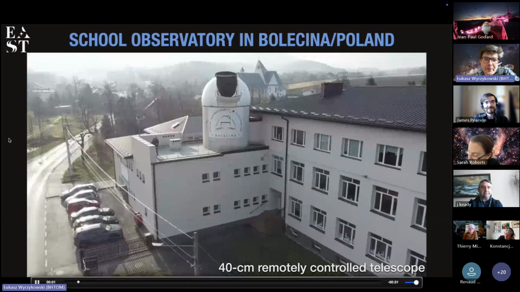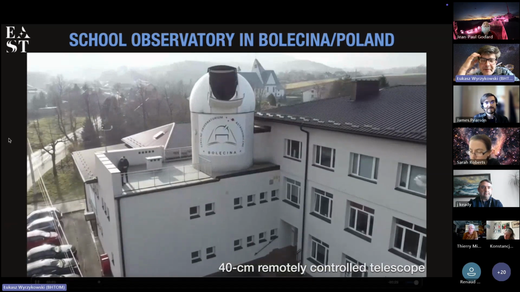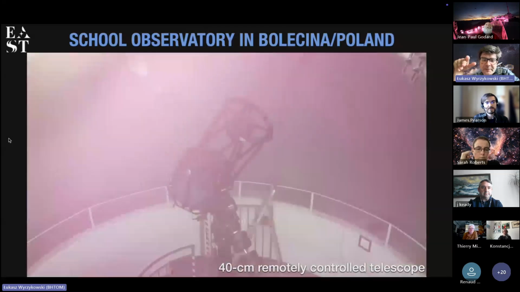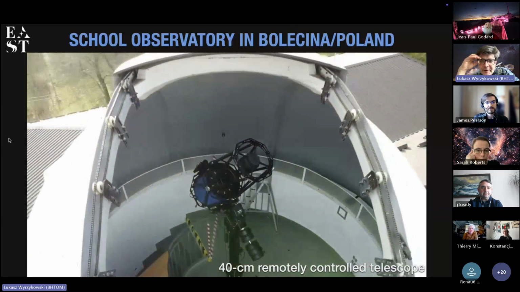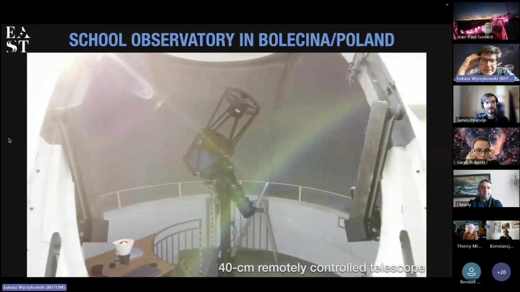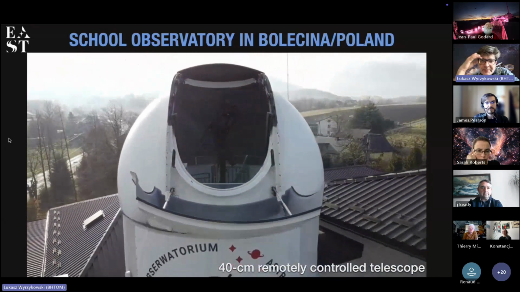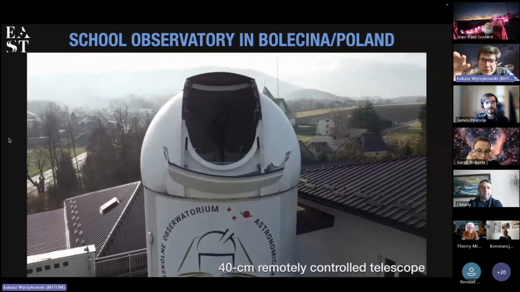I'll show you a movie made by one of our partners. This is actually a school observatory. You'd be surprised, in southern Poland, in the mountains, there's good quality of air. This is a robotized, remotely controlled 40 centimeter telescope on the roof of the school.